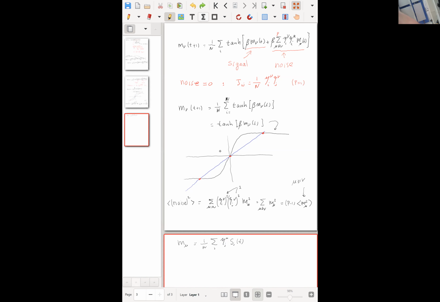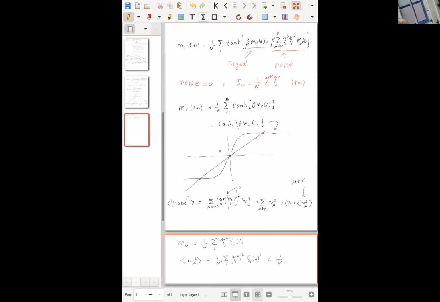So basically the average value of m_mu squared for one particular mu is equal to 1 over n squared, the sum on j of eta_j mu squared s_j of t. Both eta_j mu and s_j of t are at most 1. So this is less than 1 over n.